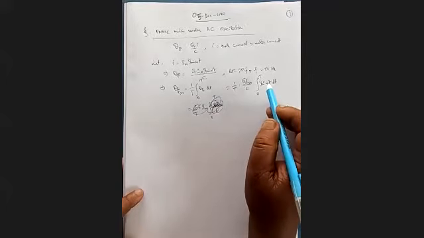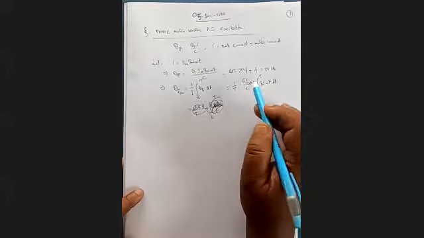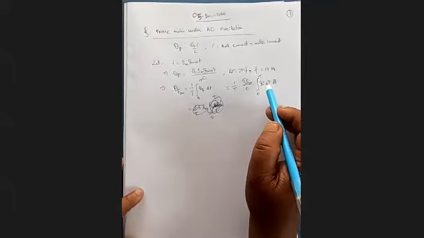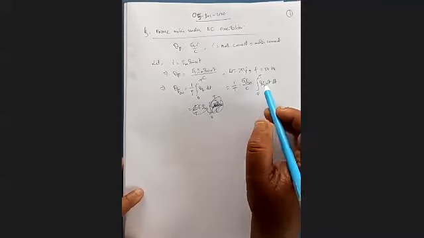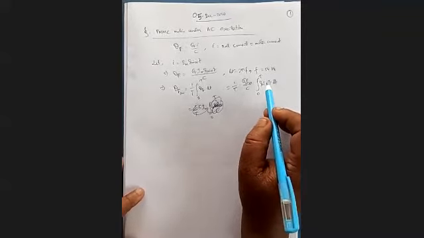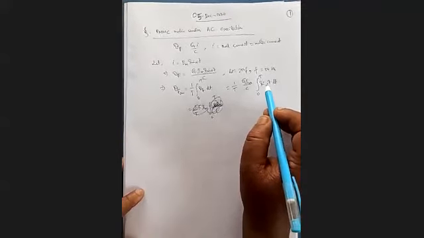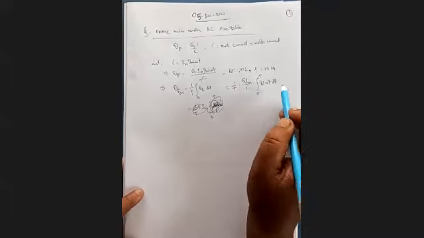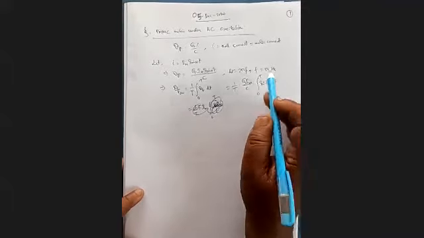Now what is the value of that integration? It is the area under the curve. For a sine wave, there is one half cycle on the positive side and another half cycle on the negative side. So the total area is 0. One positive area for the positive half cycle and a negative area for the negative half cycle. The total area under the curve, given by the integration, is 0.